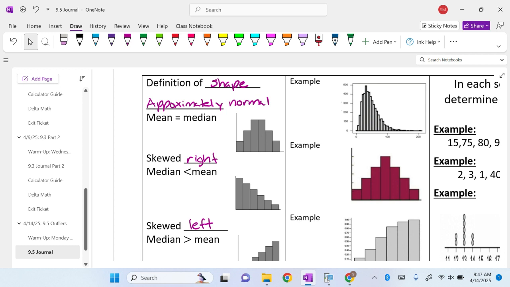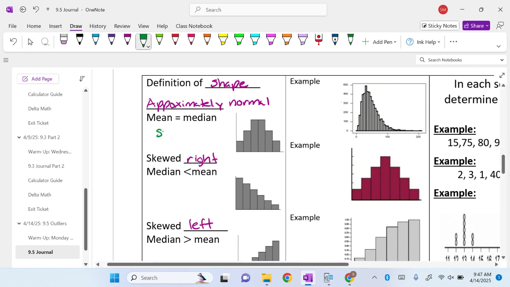In later classes, you may hear the word normal curve a lot. Normal curve describes a very specific shape in the data. Typically, we're looking for it being symmetrical. So if it's normal, it's symmetrical. That's another way to describe it.